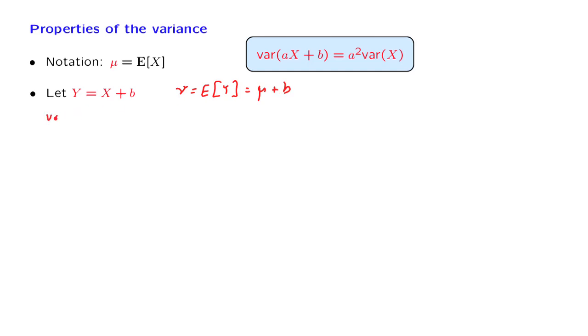By definition, the variance of Y is the expected value of the distance squared of Y from its mean. Now we substitute, because in this case Y is equal to X plus b, whereas the mean nu is mu plus b.